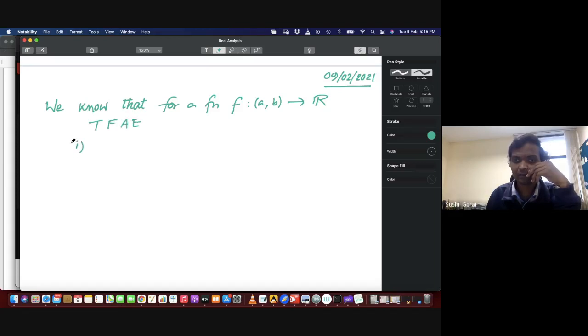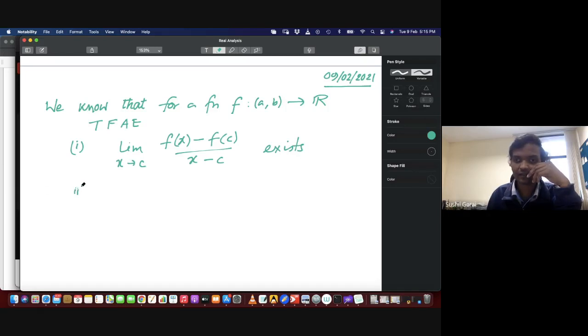One is the limit as x tends to c of (f(x) minus f(c)) by (x minus c) exists.